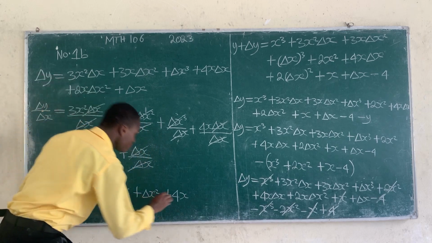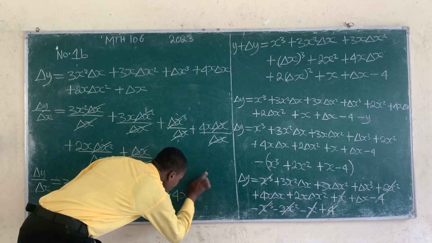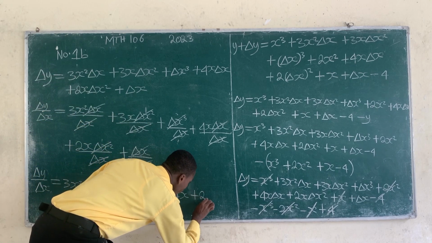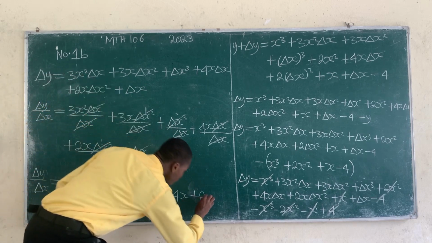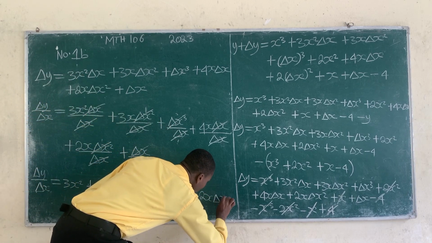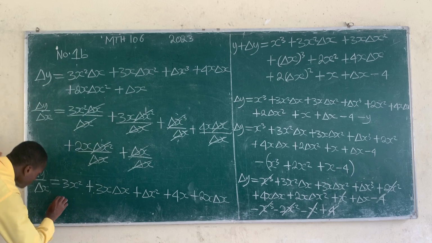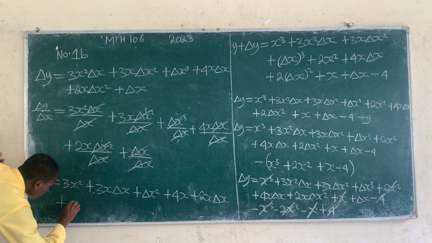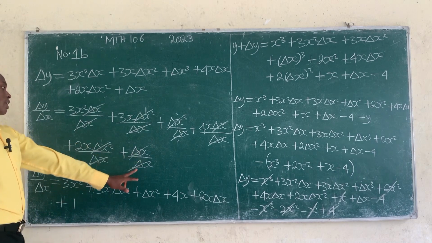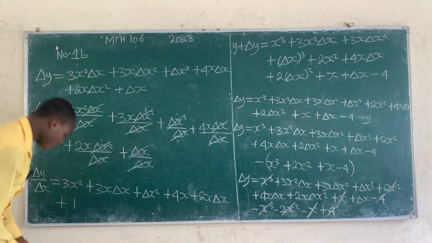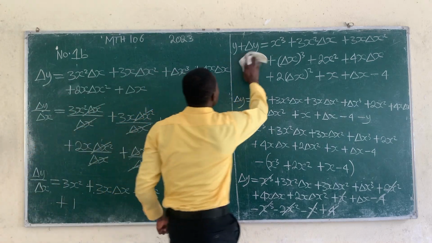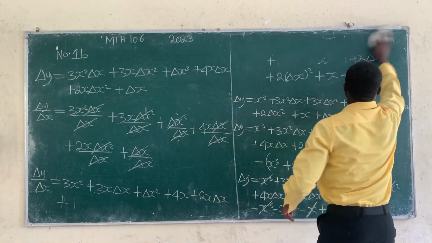The next one there is plus 2x increase in x, and then plus 1, because increase in x divided by itself will give us 1. So let's see our next task.